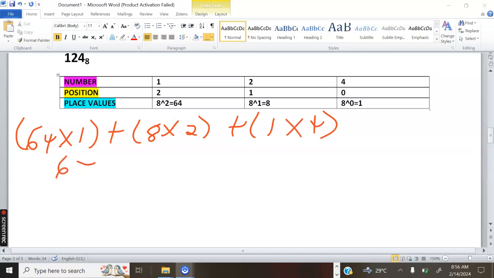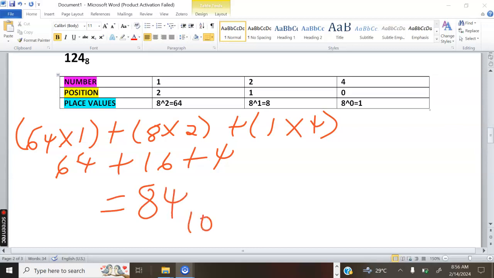This is 64 plus 16 plus 4. 64 plus 16 is supposed to give us 80, plus 4 should give us 84. So the answer is 84 base 10. So the octal 124 converted to decimal will be equivalent to 84 base 10.